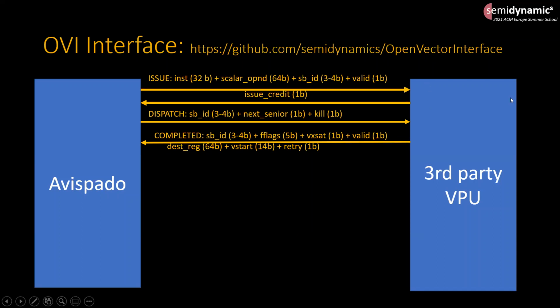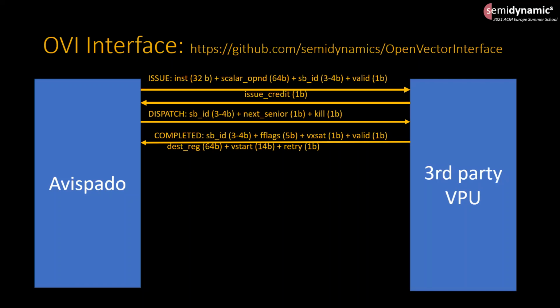In return, we get from the VPU all the completed information. That's very tedious, and I will try to spare you the pain of reading it. Basically, the VPU says, okay, I've completed instruction 7. Here are the floating-point flags, the saturation flag, a valid bit, and the destination register. vstart is important, for those of you who know the details of the vector spec, because you may not have fully completed the instruction, and that's legal in the spec.